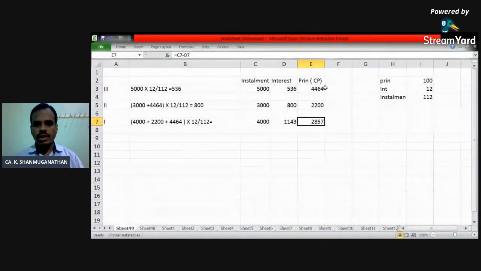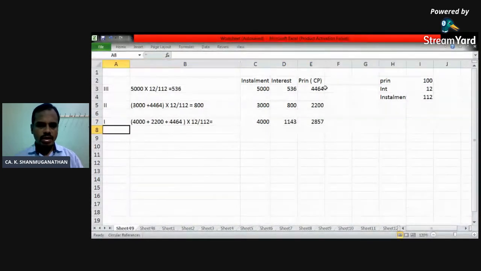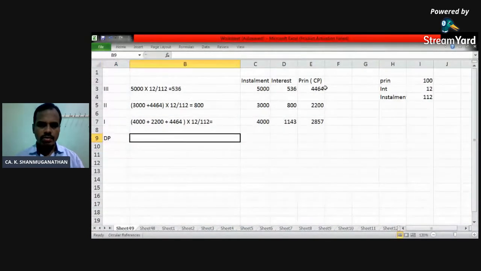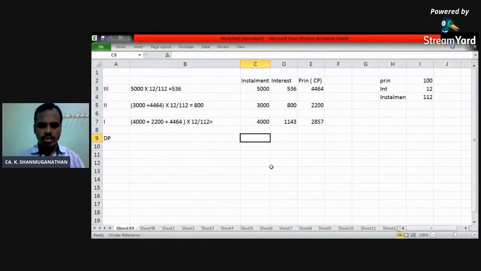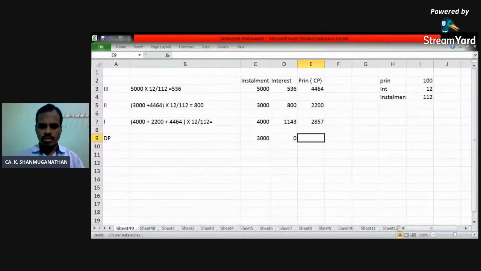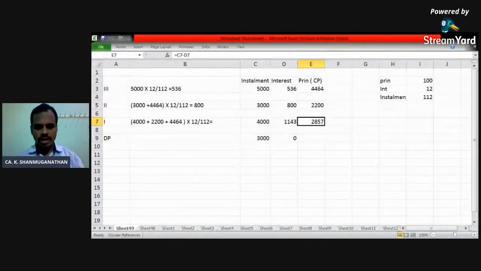Deduct, and you get 2,857. One more thing, the installment can be a down payment. Down payment does not include interest, so no segregation is required. You know that factor. 3,000 is the down payment. So 3,000 down payment, no interest, so zero. So the balance also will be 3,000.